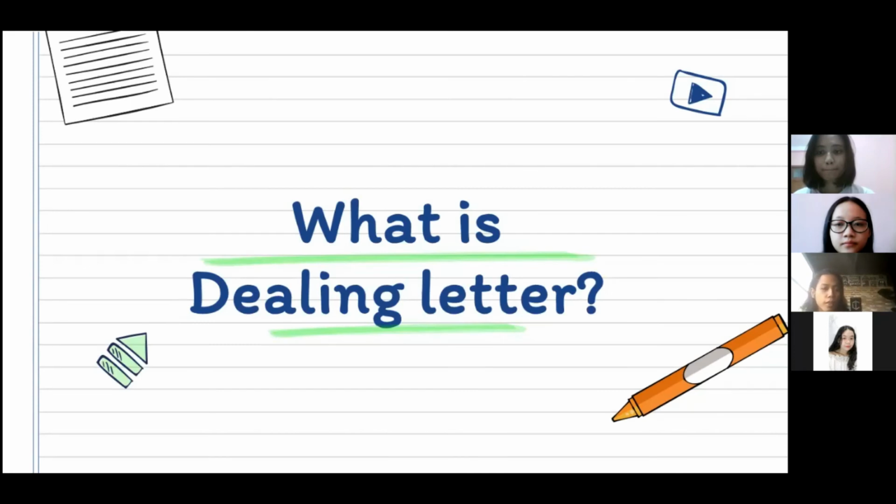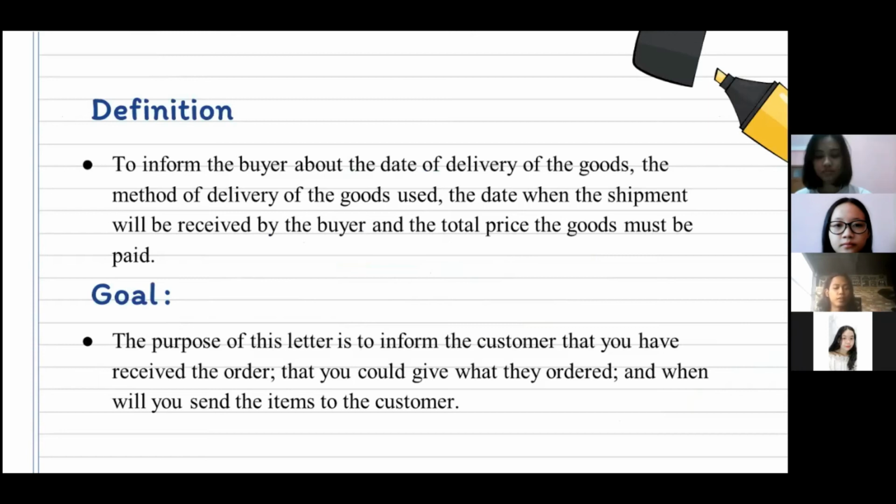Okay, on the next slide, I will explain about the dealing with order letter. The definition of a dealing order letter is to inform the buyer about the date of the delivery of goods, the method of delivery used, the date when the shipment will be received by the buyer, and the total price of the goods that must be paid.